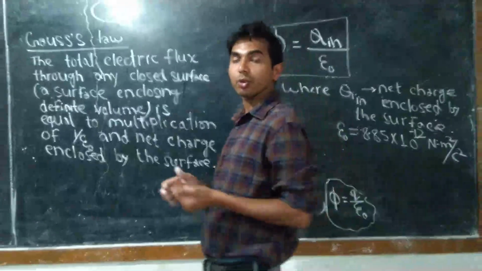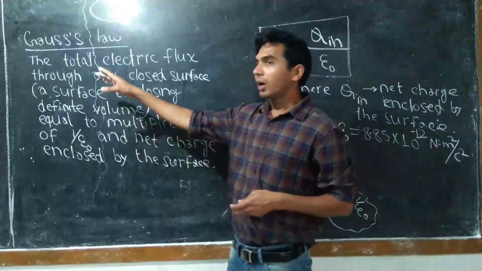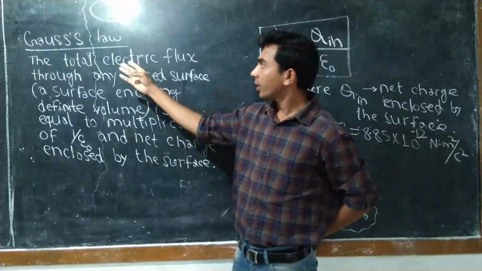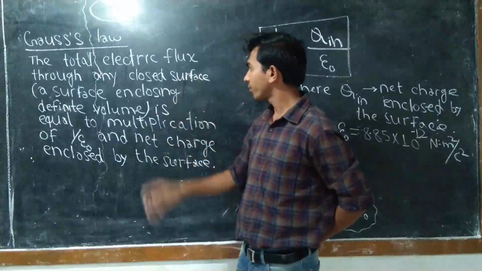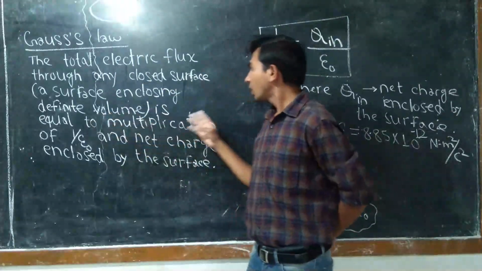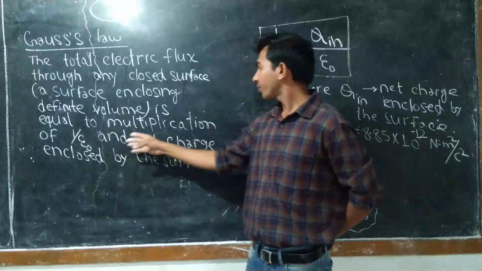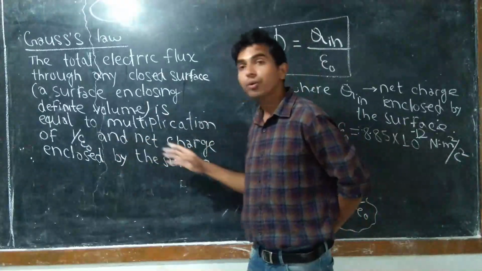So now you can see I have written the statement of Gauss law. The total electric flux through any closed surface is equal to 1 by epsilon 0 times the net charge enclosed by the surface.